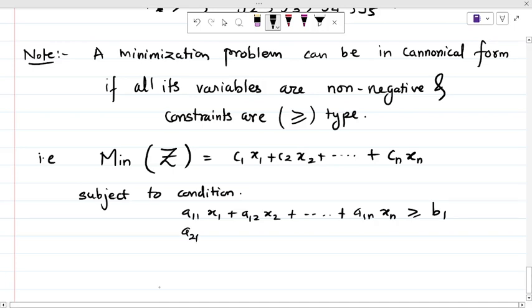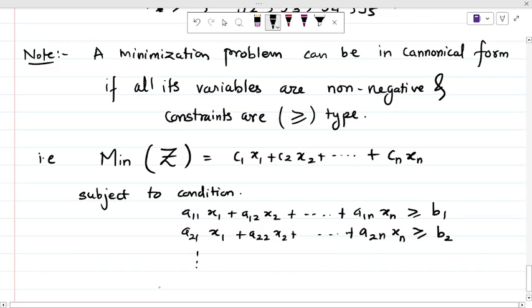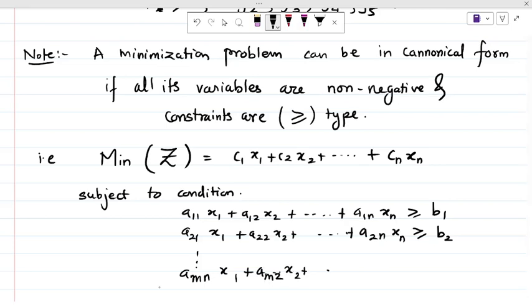All the inequalities will be greater-equal: a21 x1 + a22 x2 + ... + a2n xn is greater than or equal to b2, and so on up to am1 x1 + am2 x2 + ... + amn xn is greater than or equal to bm.